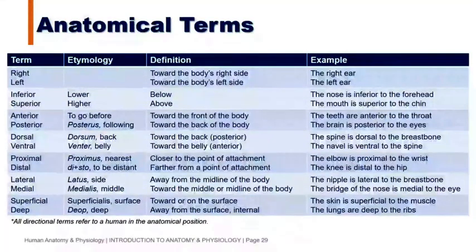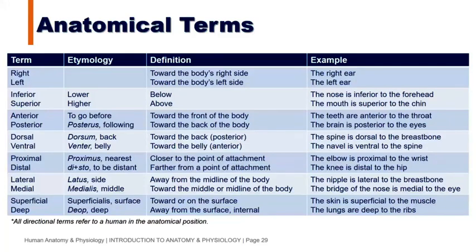So basically, dorsal is another term that you can actually use to replace posterior, and then ventral is another term that you can actually use to replace anterior. Okay? So the spine is dorsal to the breastbone, and your navel is ventral to the spine.